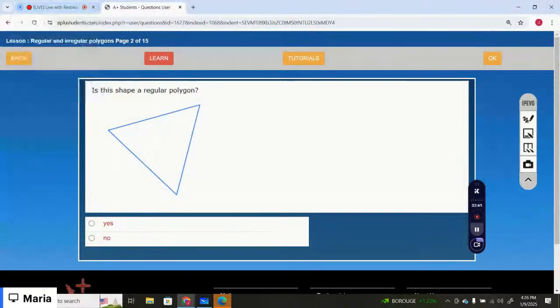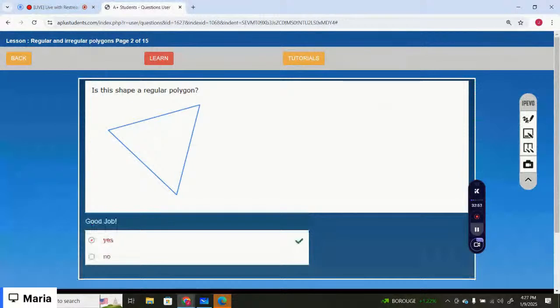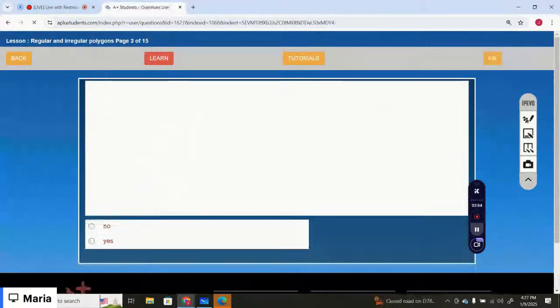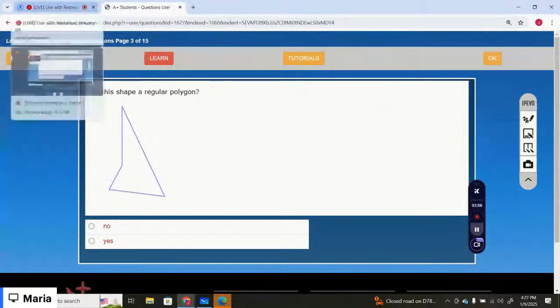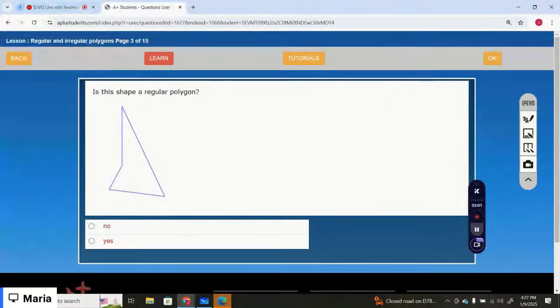Is this shape a regular polygon? That is a regular polygon. Option number one is the correct option. Is this shape a regular polygon? No, that is not a regular polygon.